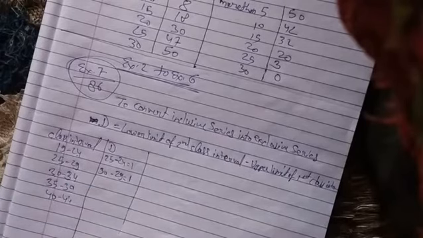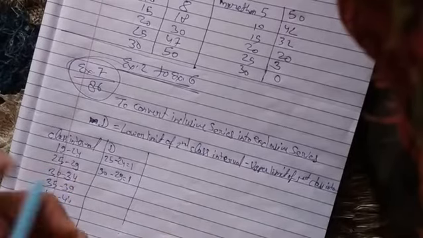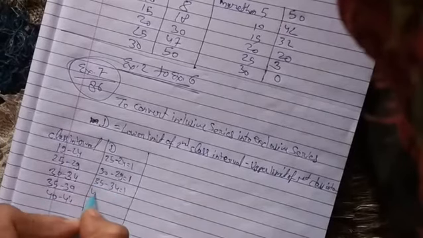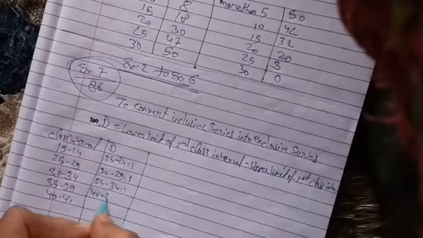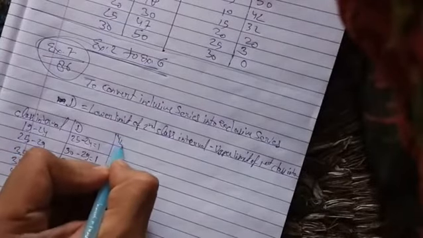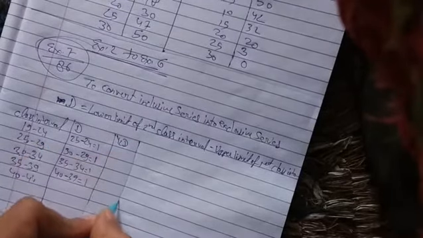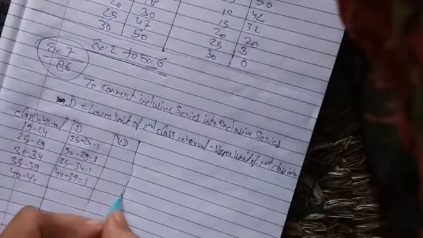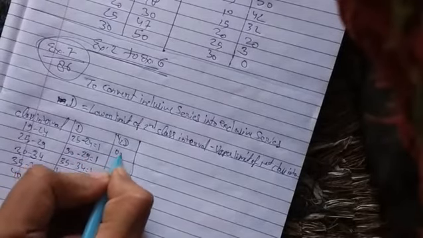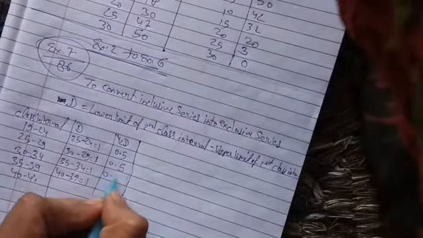Lower limit of second minus upper limit of first, it will always remain the same. Now we take half of D: half of 1 is 0.5, again 0.5 and again 0.5.